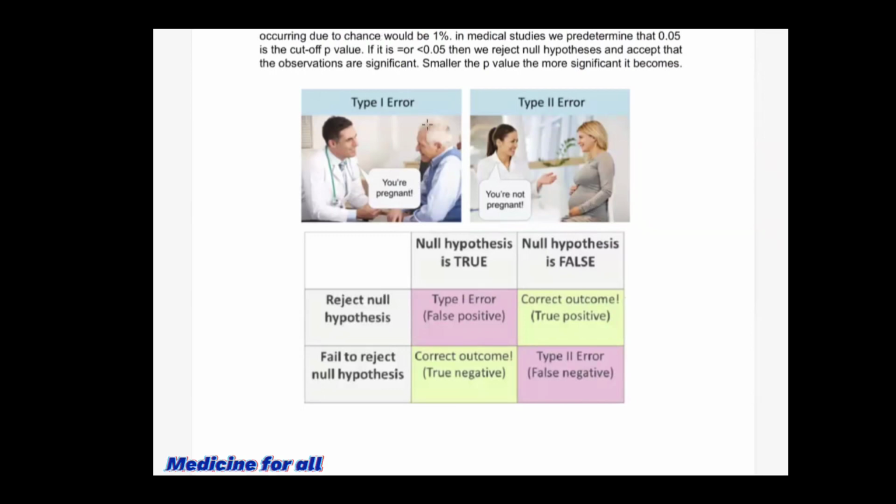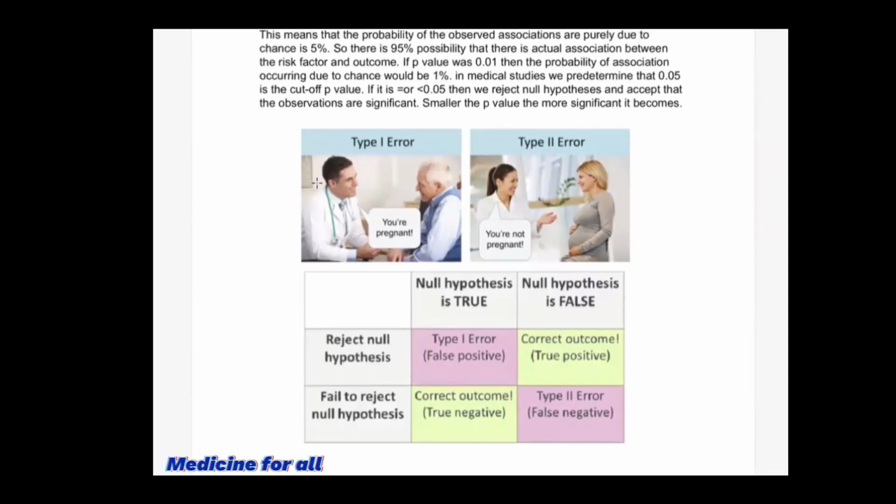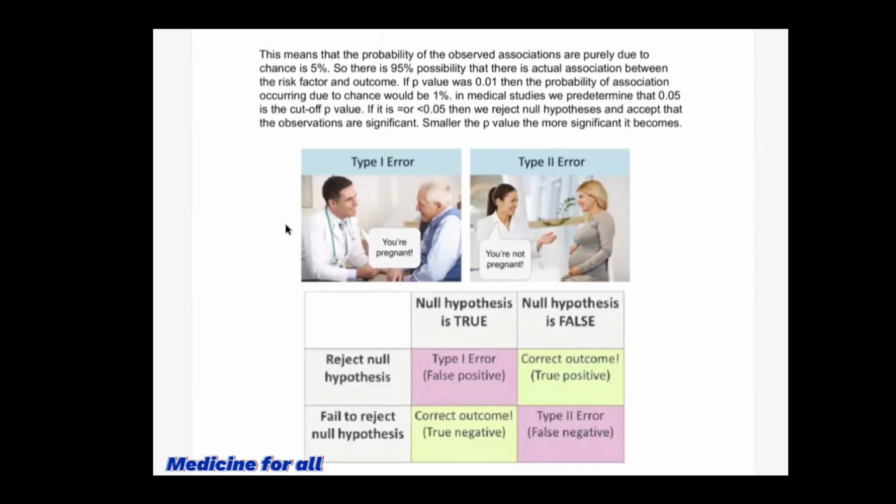So this is type 1 and type 2 error. Just remember these pictures, it is very easy when you remember them. This has not been asked, I just included it for completion. So if they have a statement regarding type 1 or type 2, you will be able to understand it.